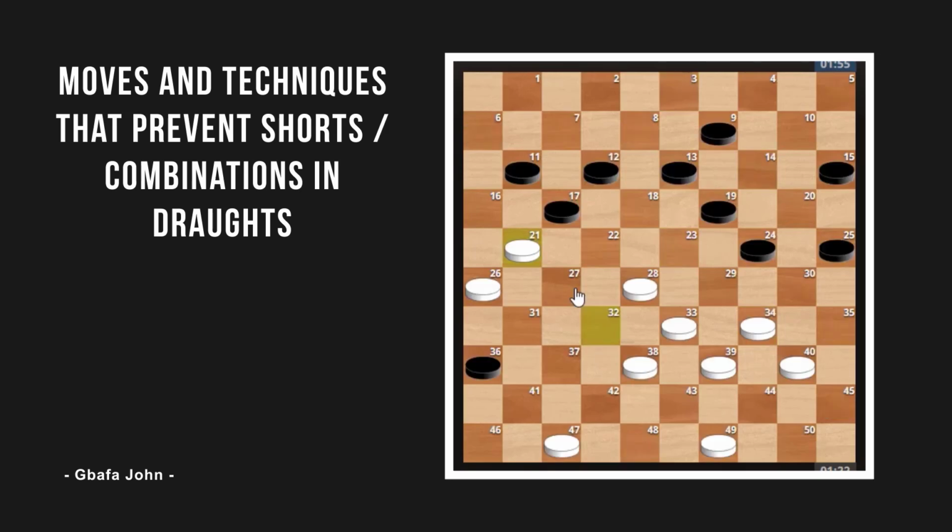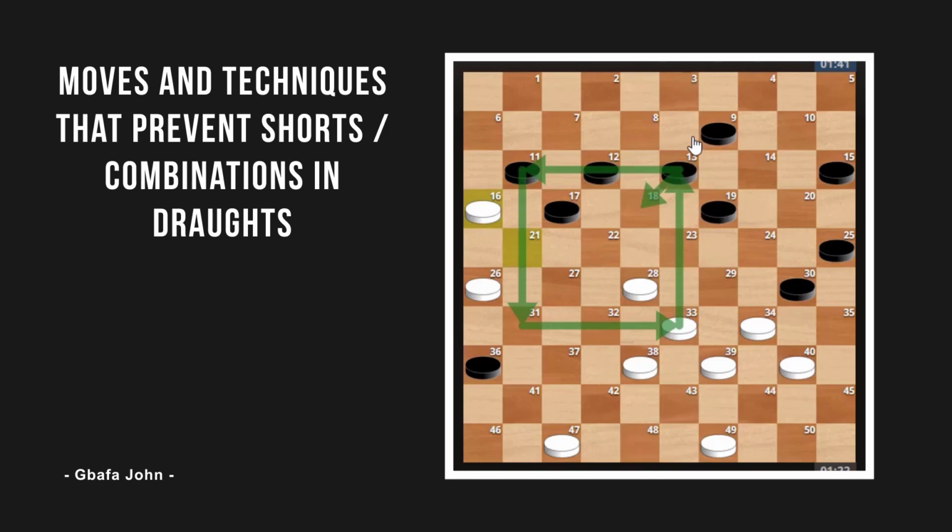Now with this one, black plays 24-30, and white moves to 16. If black moves the piece at 13 to 18, because we have a piece at 33 here, this becomes a weakness. From what we have been studying, we have a piece here with reference to the vertex at 13.